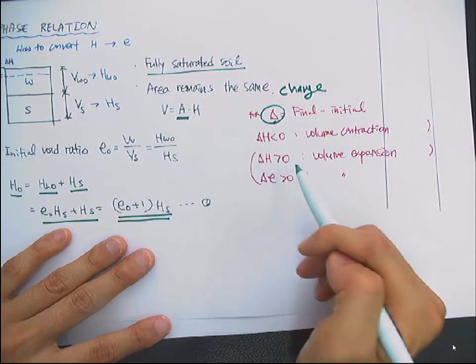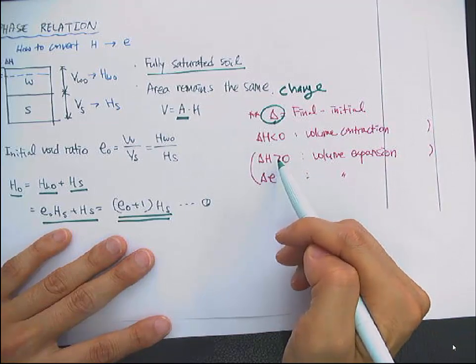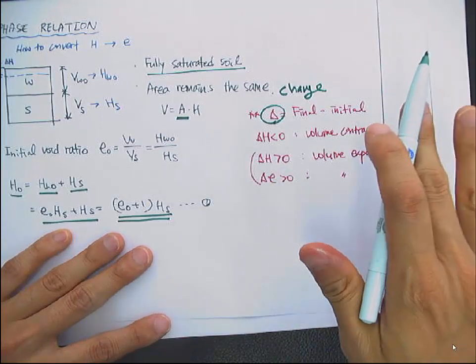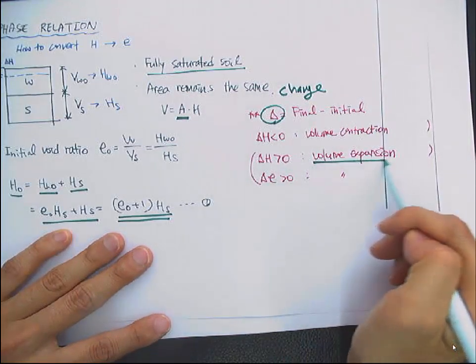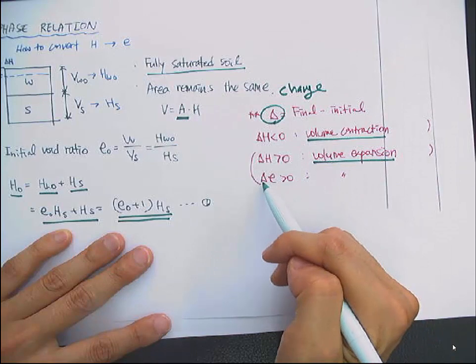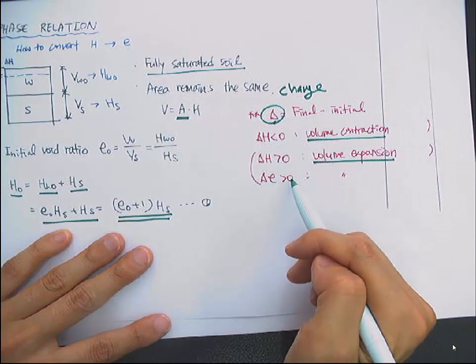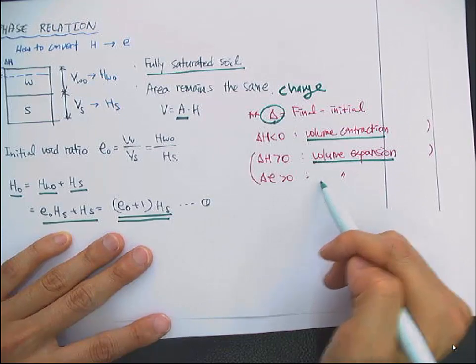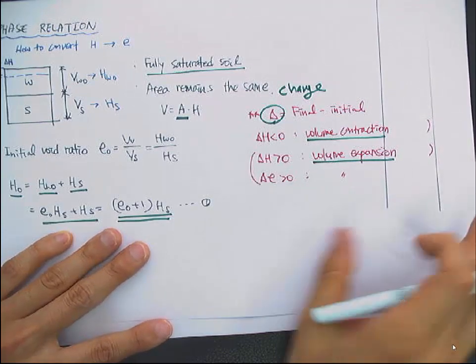And if the delta H is larger than 0, so if it's a positive value, then the H expands, so that means the volume expansion. And if the delta E is larger than 0, so if it is a positive value, then it also says there is a volume expansion.